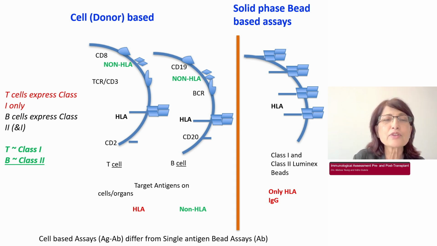T cells are used for class 1 antibody testing, and B cells are used mainly for class 2 antibody testing. However, there's a caveat that all nucleated cells express class 1, so B cells will pick up class 2 as well as class 1 antibodies. So basically, T cell is equivalent to class 1, B cell equivalent to class 2.